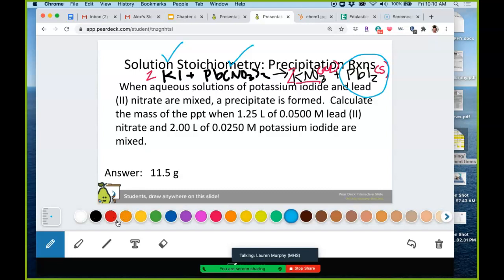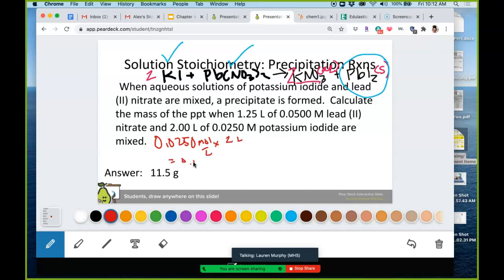So what do we do? Well, we have to find the moles of each reactant. So molarity times volume is moles. So I'm going to do the potassium iodide first. So 0.0250 moles per liter times 2 liters.